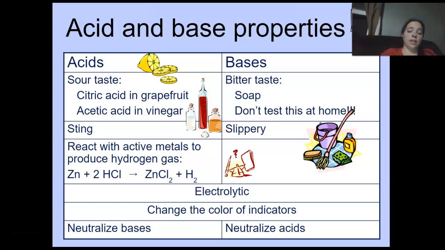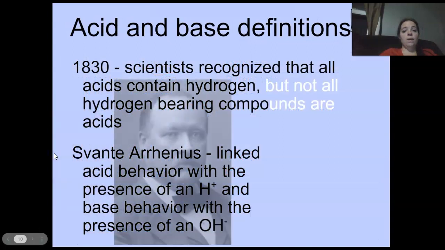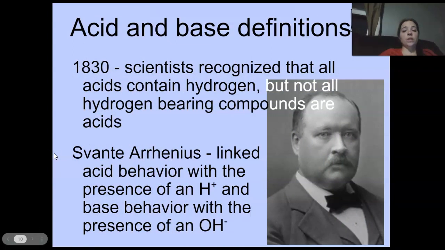Bases neutralize acids. All right, so the first real definition that we're going to look at is the Arrhenius. So in 1830, scientists recognized that all acids contain hydrogen, but not all hydrogen-bearing compounds are acids. For instance, C6H12O6 is sugar. Sugar is not an acid.